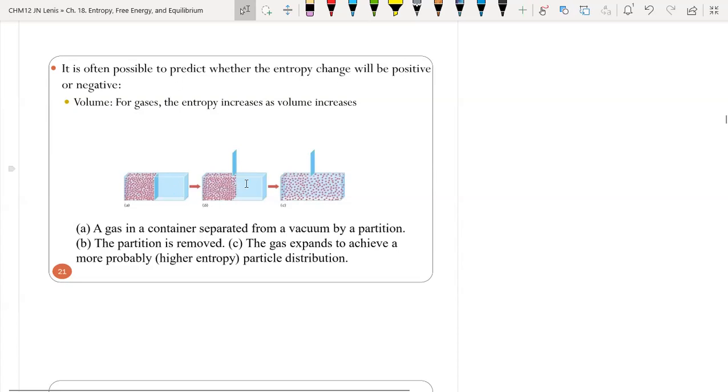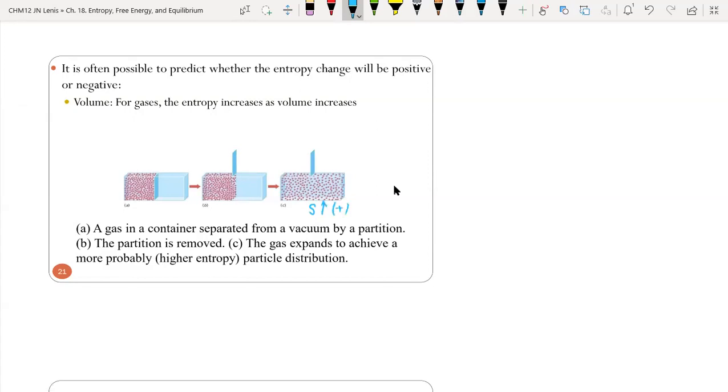Molecules will expand, or diffuse, probably is a better word here, into a higher volume, increasing more degrees of freedom. Now molecules have more freedom to move in a bigger volume. So it's clear here, the entropy is bigger. So the entropy of these molecules went up.